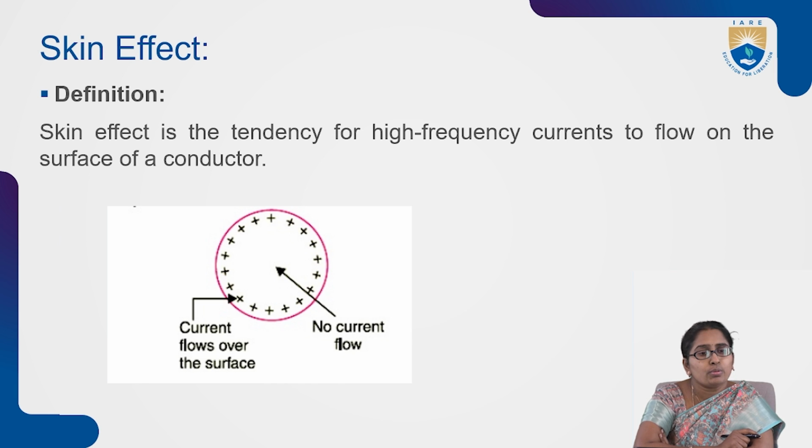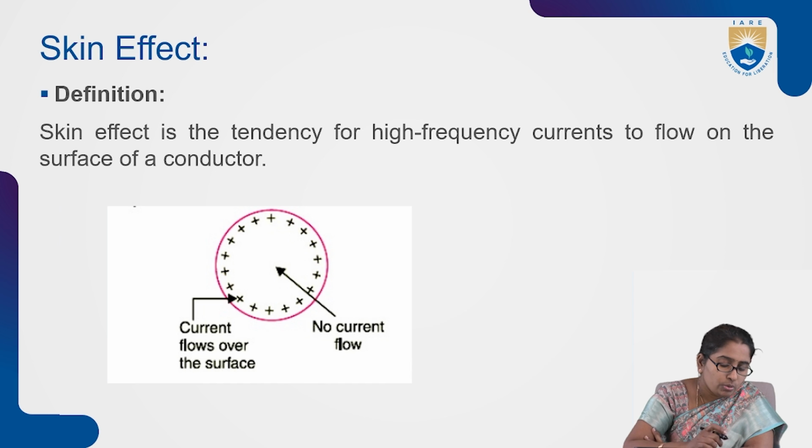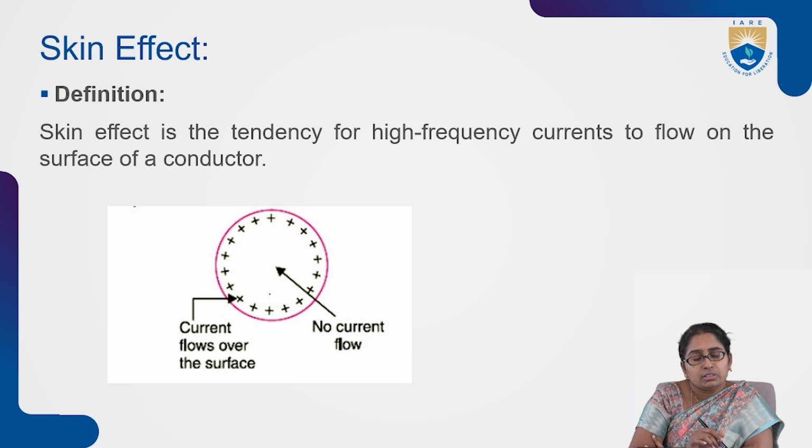The majority of the current flows only through the surface of the conductor. There is no current in the inner space. So this is what happens with AC currents. That means this skin effect comes into picture with AC currents only.